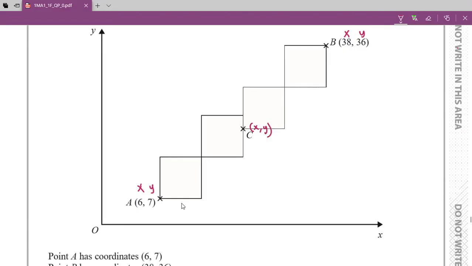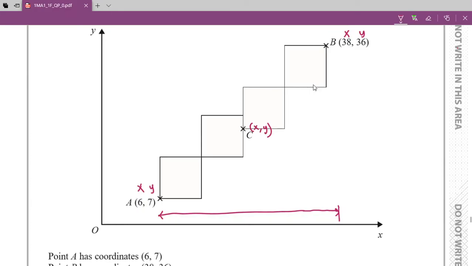Now one thing I can consider, because we are told these are 4 identical squares, is to find the full length from here down to here, which I'm going to show like an arrow. Okay, I'll raise this to make it clearer to read. So here is going to be 32. How do I know?